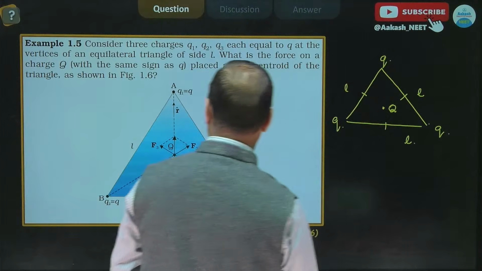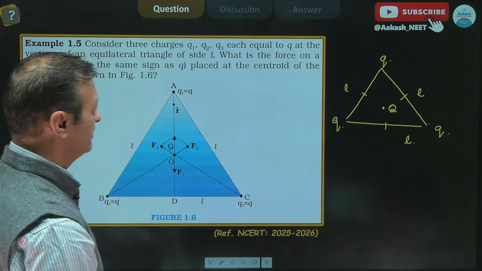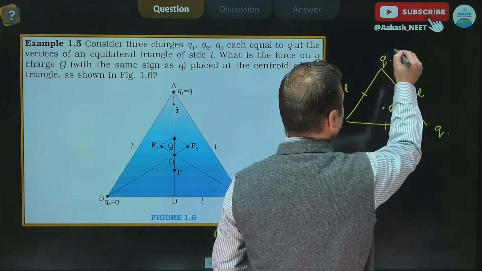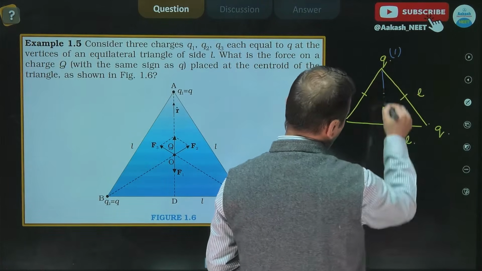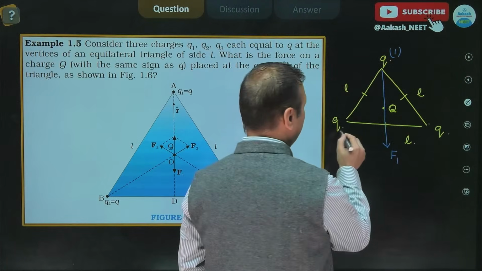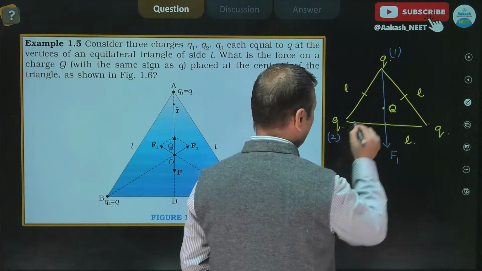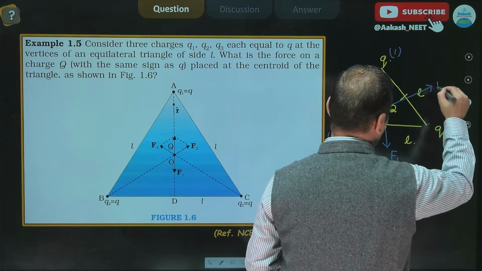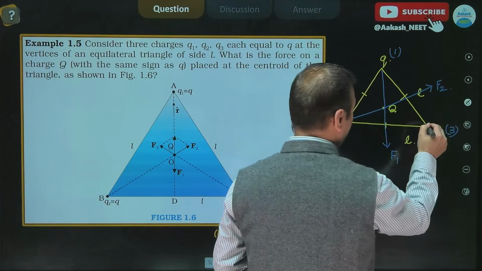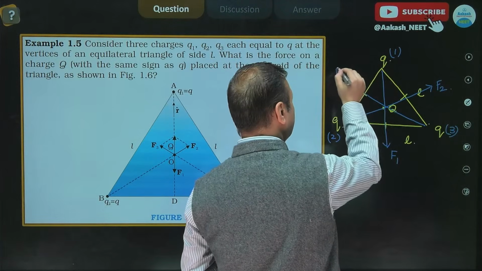So what are the forces experienced because of all these? This is charge 1, so let's suppose this is force F1. This is charge 2, so this is F2. This is charge 3, so this is the force F3.